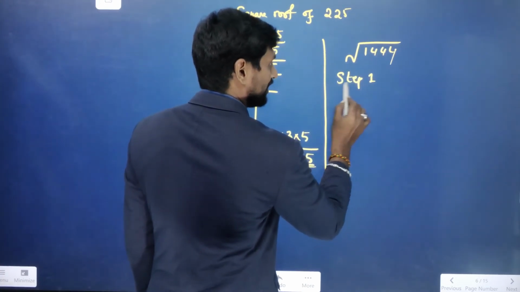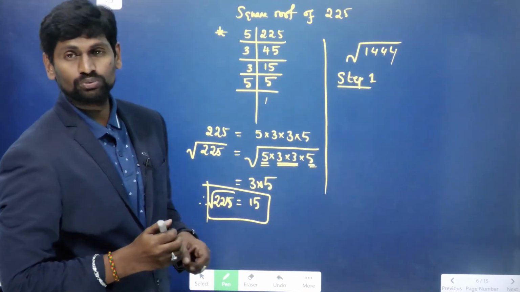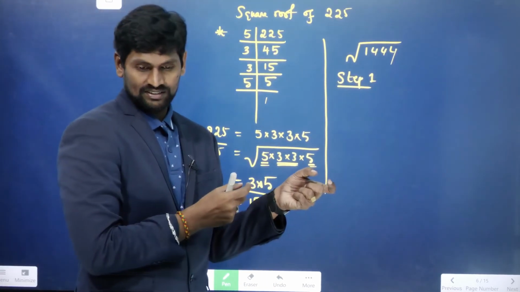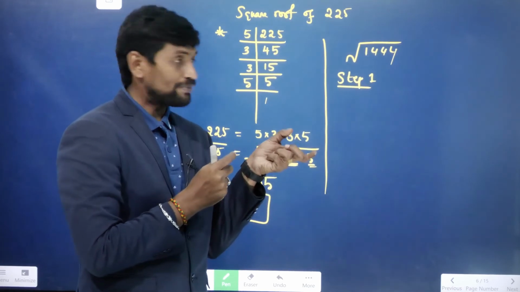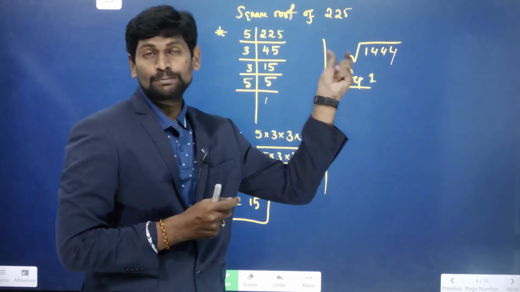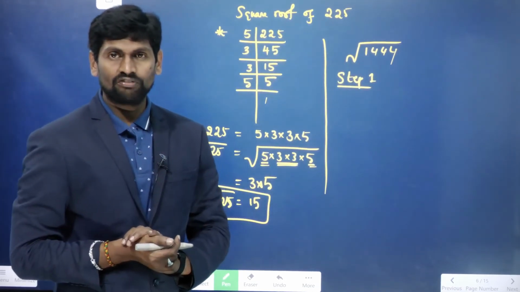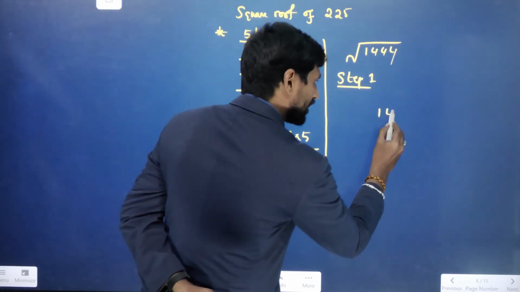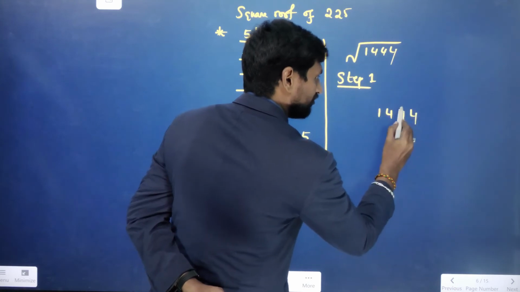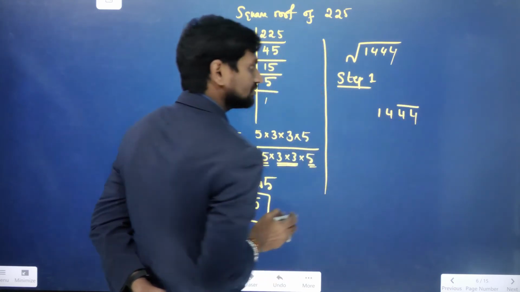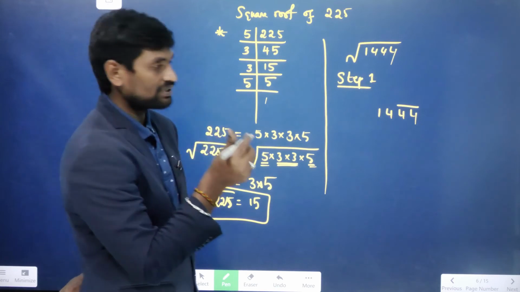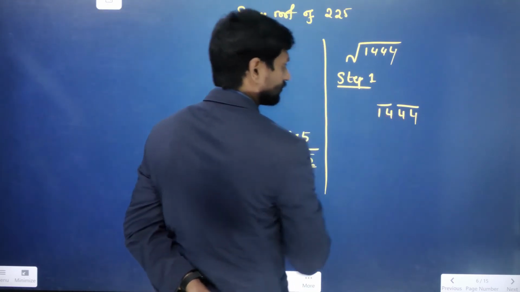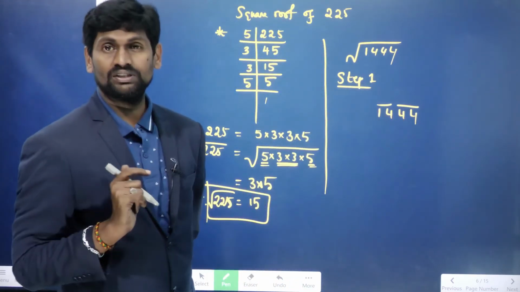Step 1 is we need to separate as pairs from its units place digit. Like 14 and 44, pairs of digits as a group. That is step 1.